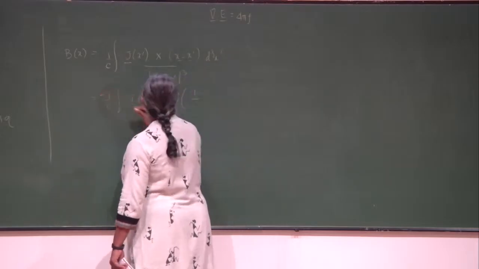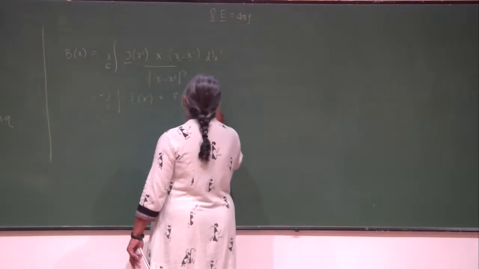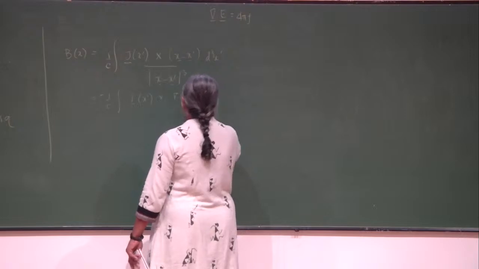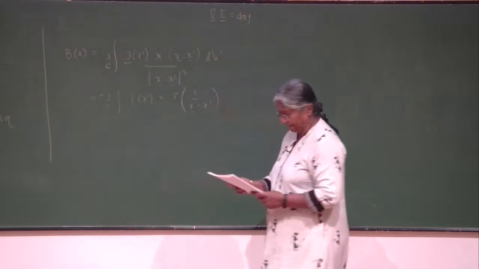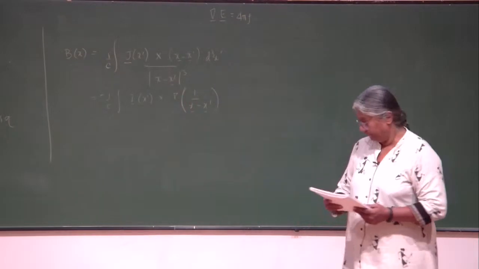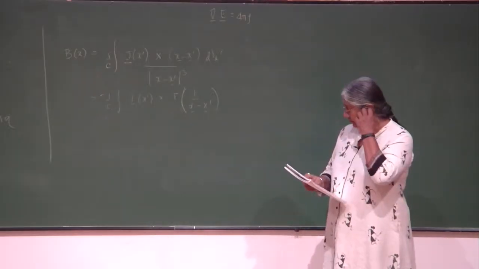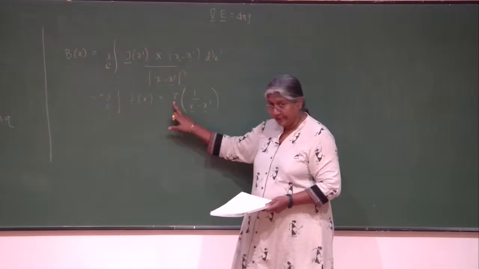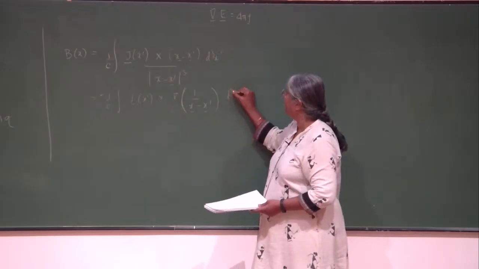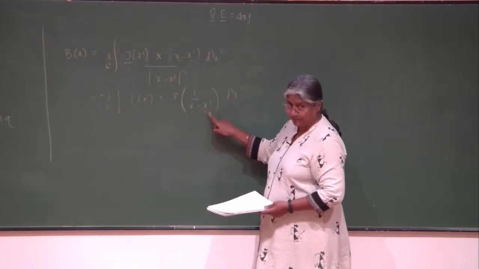There's a minus sign. It's not del prime. It is del, meaning it acts on x and not x prime.